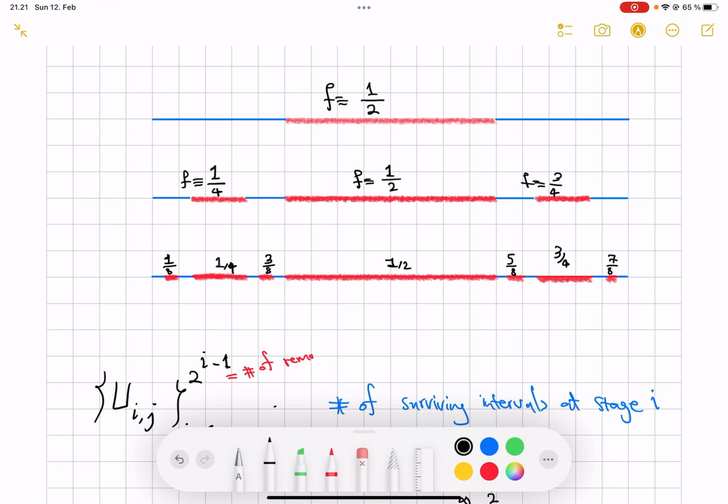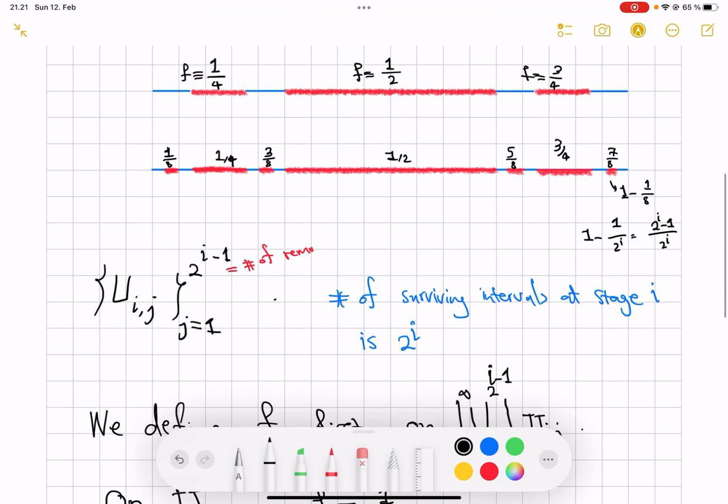You can also see that at the last interval, this will be 1 minus what you started with, which is 1 over 8 in this case. And in general, because 1 over 2 to the i, this becomes (2 to the i minus 1) over 2 to the power i.